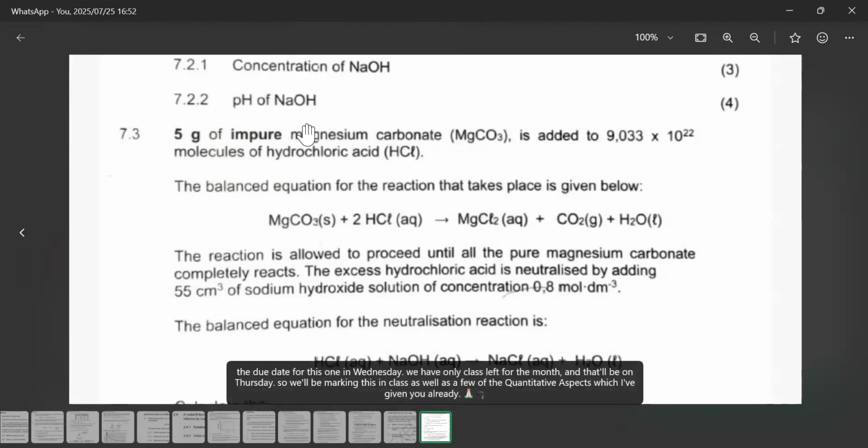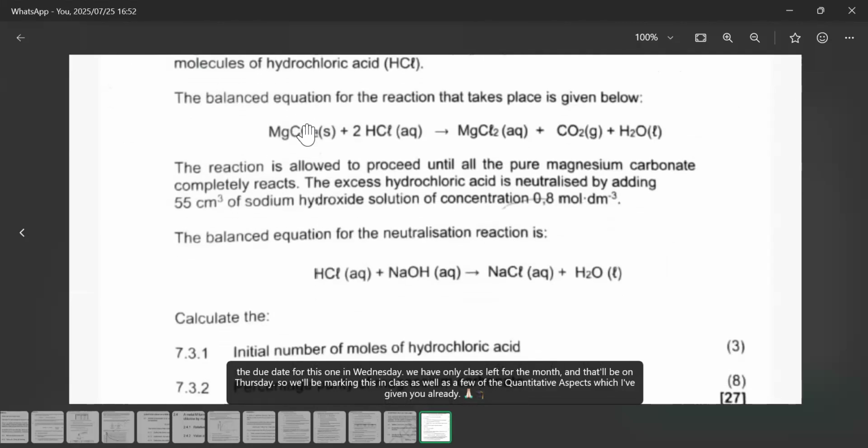I hope you get what I'm saying to you. We already calculated the number of moles that were there at the start of the reaction, but we know that we can use sodium hydroxide in order to calculate the moles in excess, because they tell us that the excess acid is neutralized by sodium hydroxide. So let's begin by doing that actually.